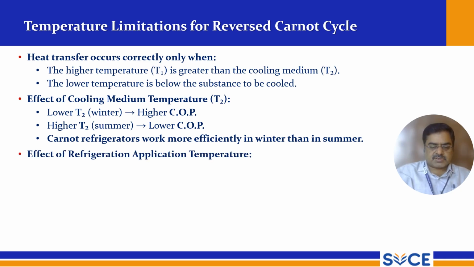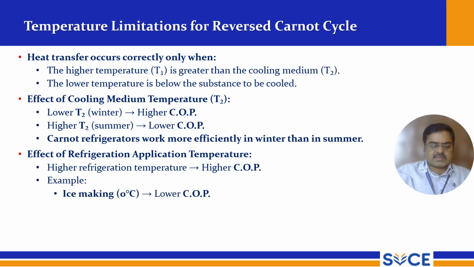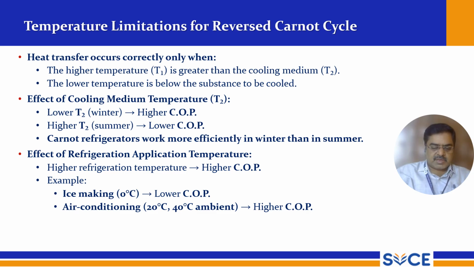Effect of refrigeration application temperature. A higher refrigeration temperature obviously yields a higher COP. For example, ice making at 0 degrees Celsius gives a lower COP, and air conditioning at 20 degrees Celsius with 40 degree ambient temperature gives a higher COP.